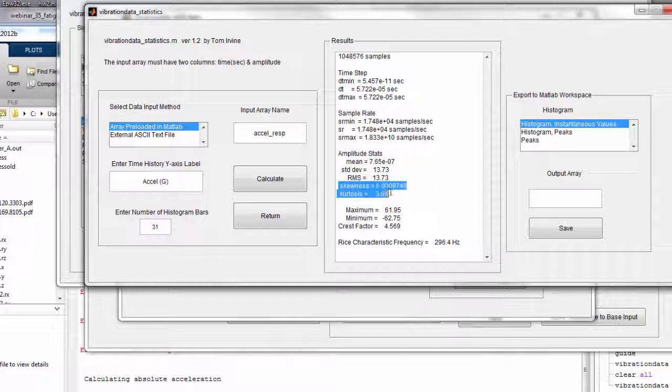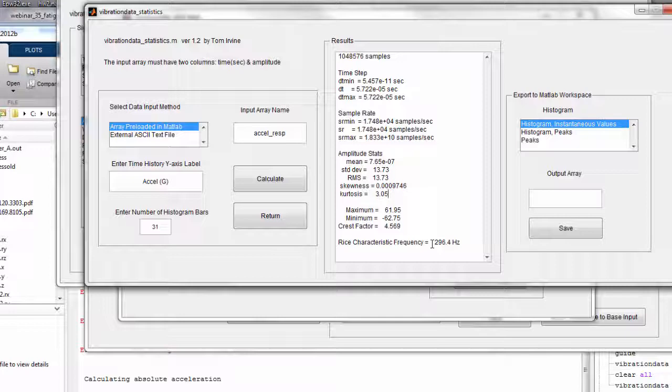We've already talked about them a little bit, but in an upcoming unit, I want to revisit those parameters. But for a well-behaved random time history with a normal distribution, we expect a kurtosis equal to about 3. And then you can see the max and min and the crest factor there. And then Rice's characteristic frequency is approximately equal to the natural frequency, so it's approximately 300 hertz there.